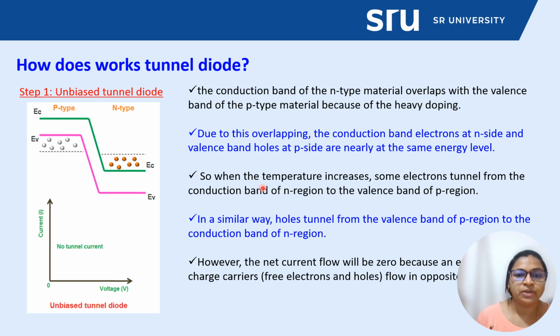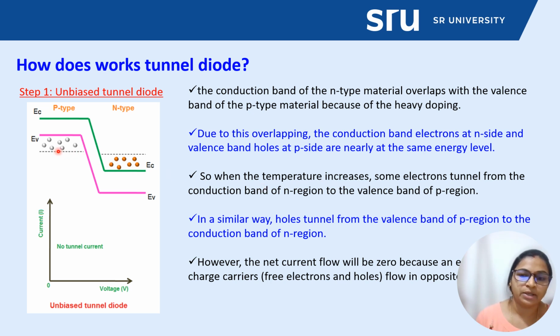So if we increase the temperature of this system, electrons tunnel from the N to the P side.